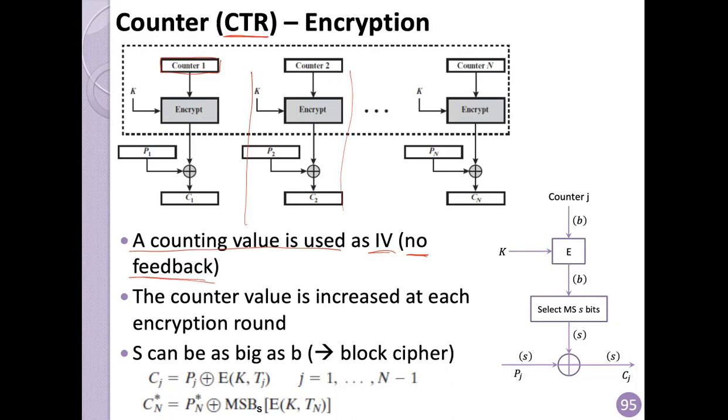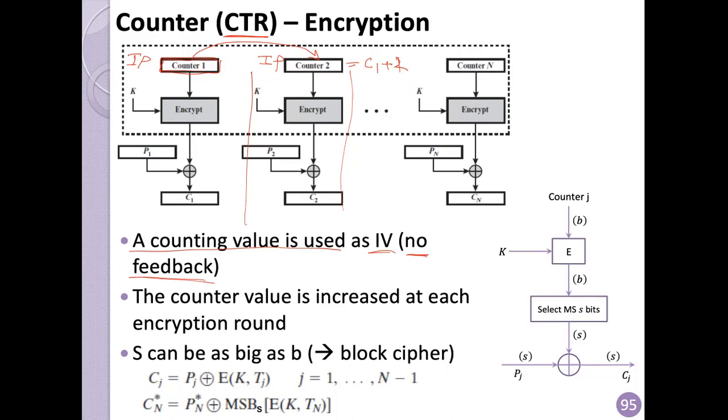The only thing is that we have a counter here, and this is basically the input of the first block, and this is the input of the second block. It is somehow related to this. We can say that whatever this counter is, we increment it by 1 or by whatever number. For example, counter 2 can be counter 1 plus 1, or counter 1 plus 2, plus some stride. That's why we call it counter mode.